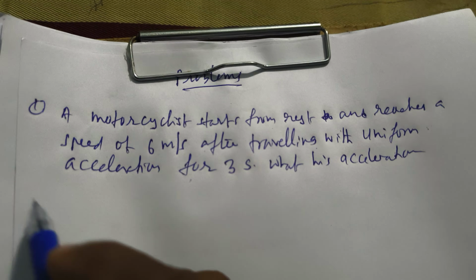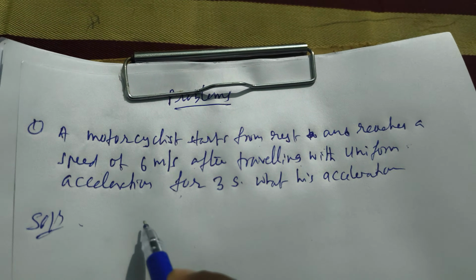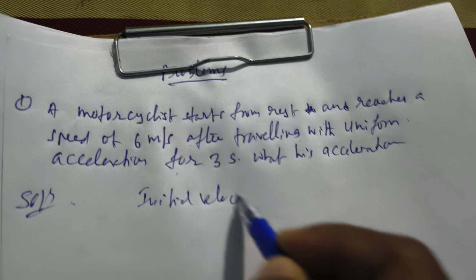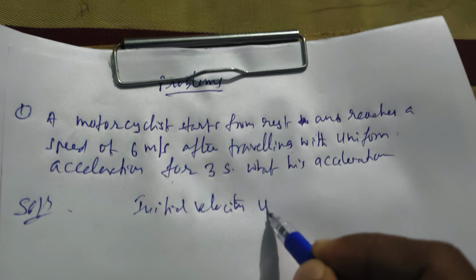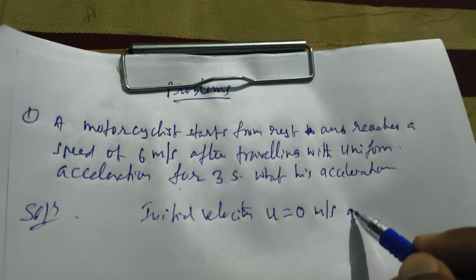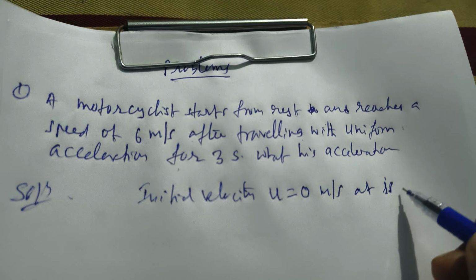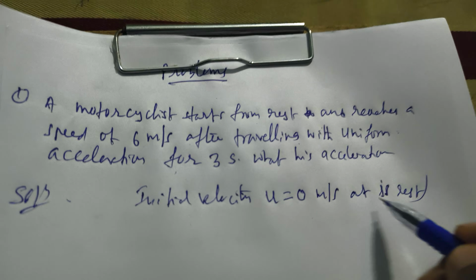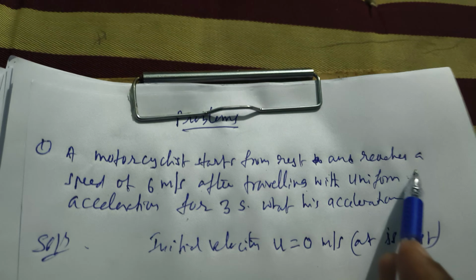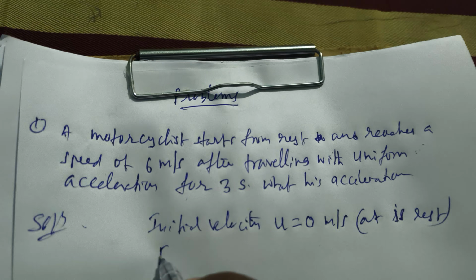Right? So let us solve the problem. First of all, write initial velocity. u equal to 0 meter per second, because the motorcyclist is at rest, and that means initial velocity equals 0, and reaches a speed of 6 meter per second.